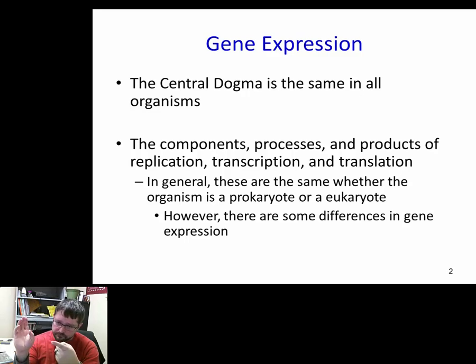So the components, the processes, the products of replication, transcription, and translation are very, very similar between prokaryotes and eukaryotes. Now, that being said, there are some alterations, some intermediate steps that are missing from the different groups.